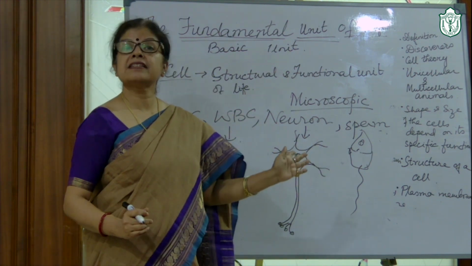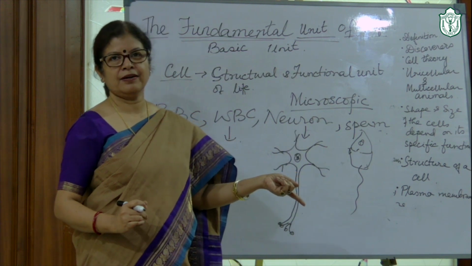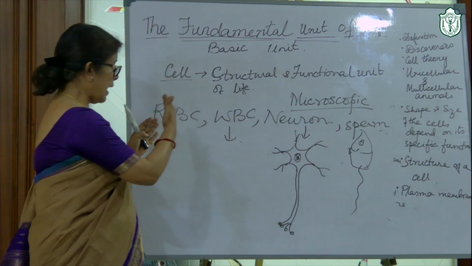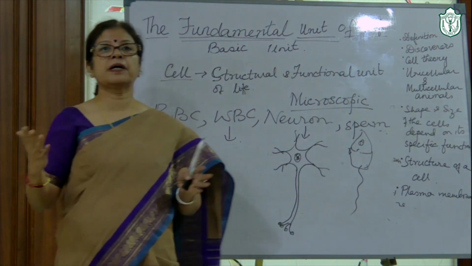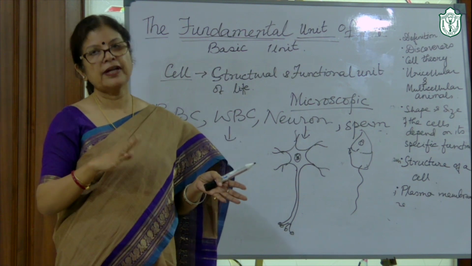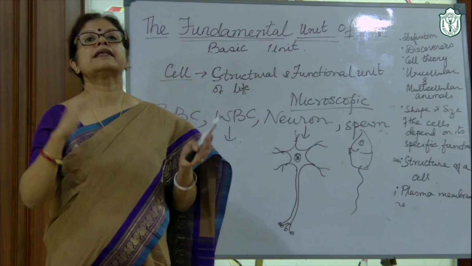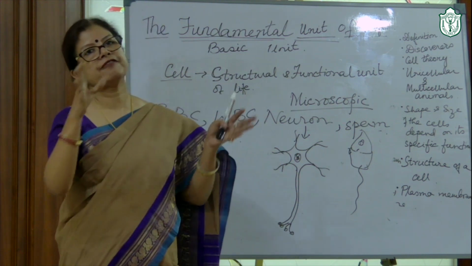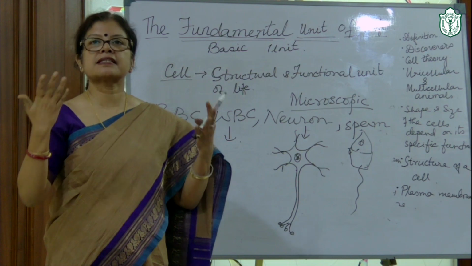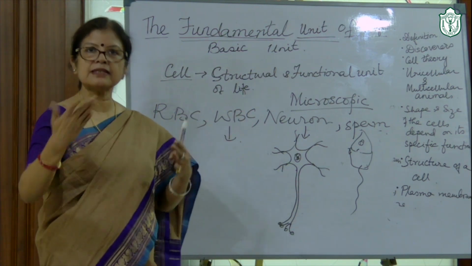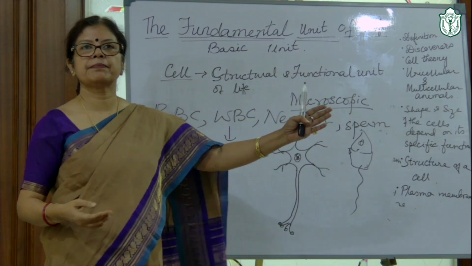So we can say that it is a motile cell. Motile means the one which can move. So RBC, WBC, neuron, sperm, I have given you these four examples, and how their structure, their shape, their size is related to their specific function. So if it is asked to justify the statement, you can answer this question by giving these examples.